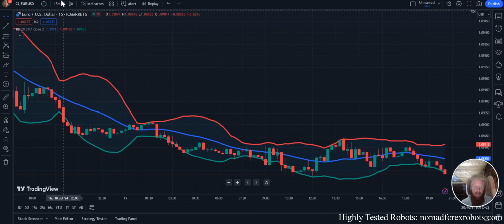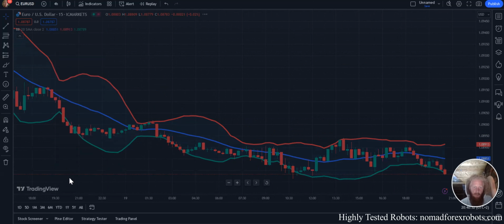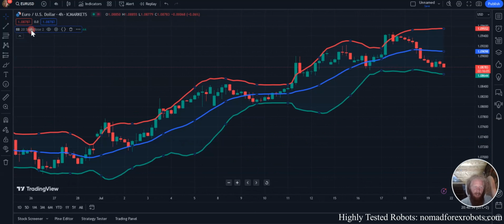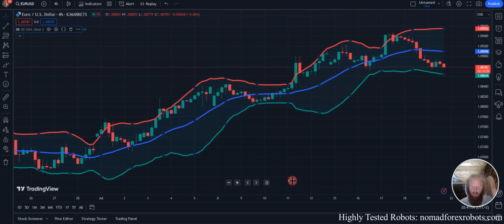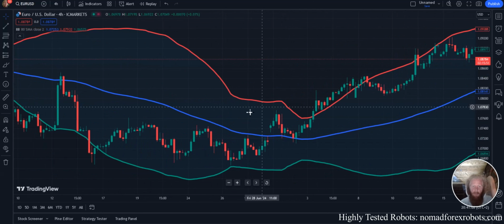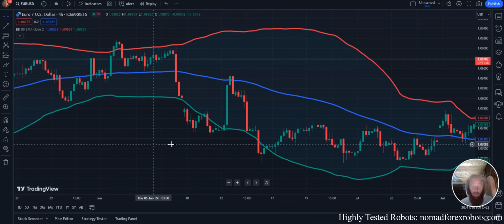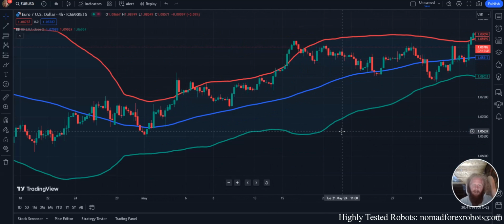Instead of the 20 length, I highly recommend you use the 80 length. I tested this for some time, and if you are using the 80 length, it gives much better and more reliable signals, because it doesn't have as many false signals.